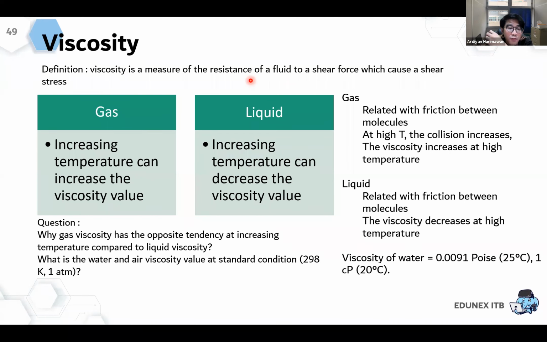But if we're dealing with gas, it's difficult to say which gas is thick because all is in gas form. So in chemical engineering terms, basically viscosity is a parameter to define how much the fluid can resist force. Do you know shear force?